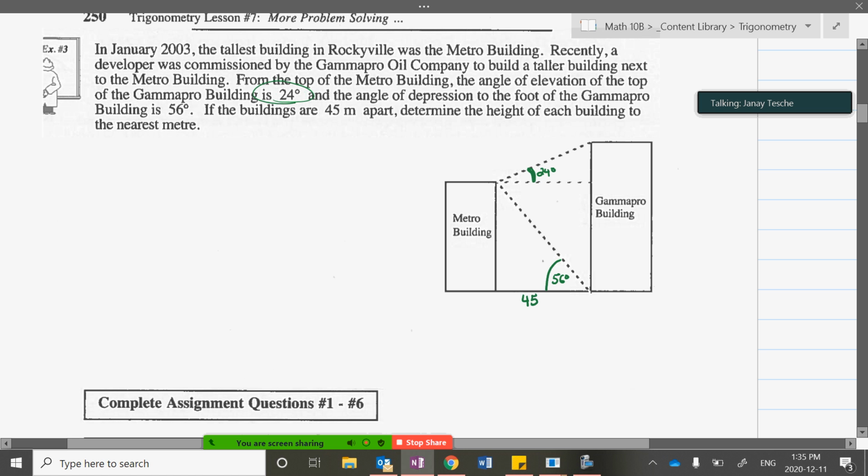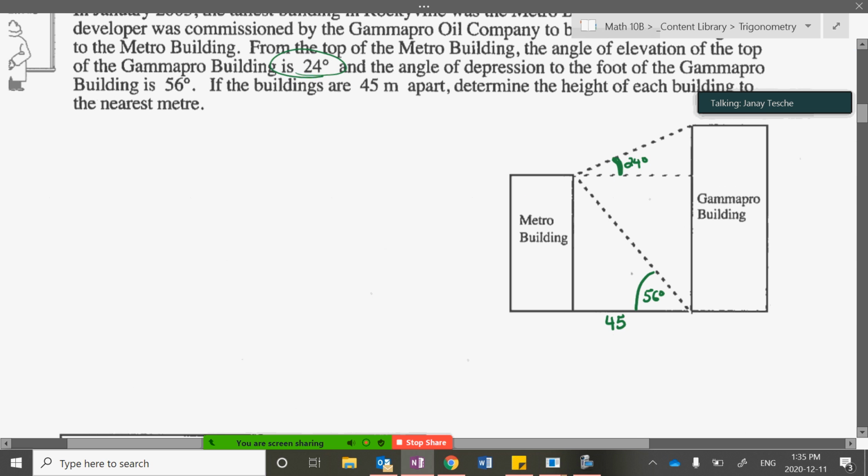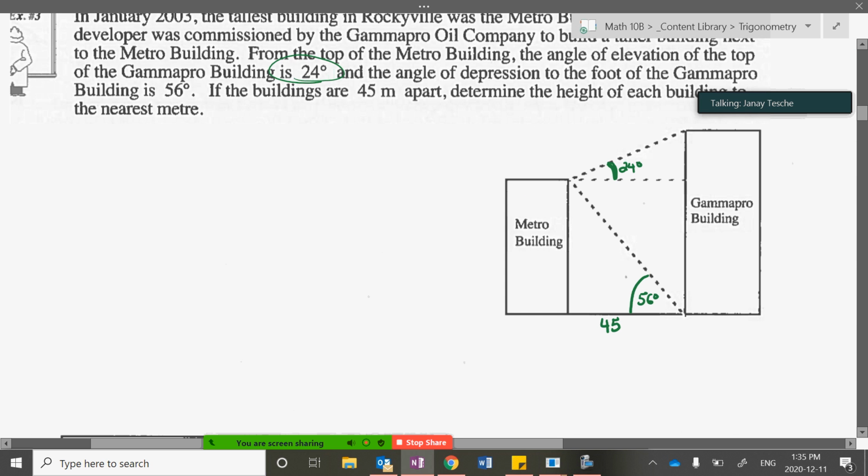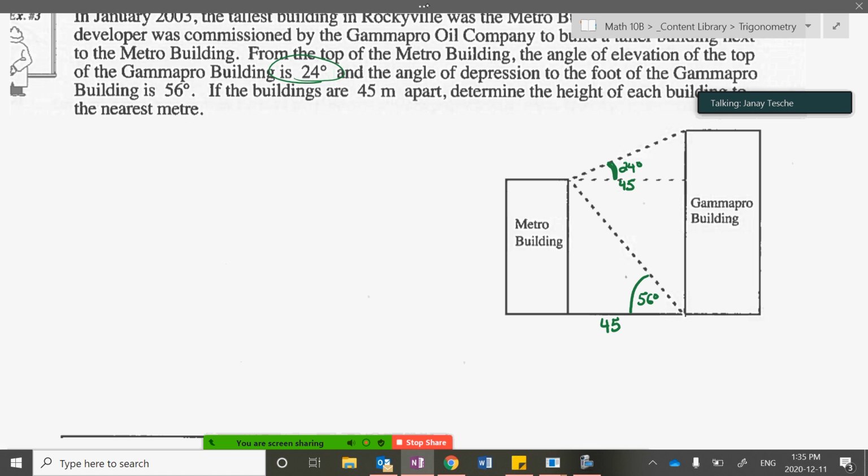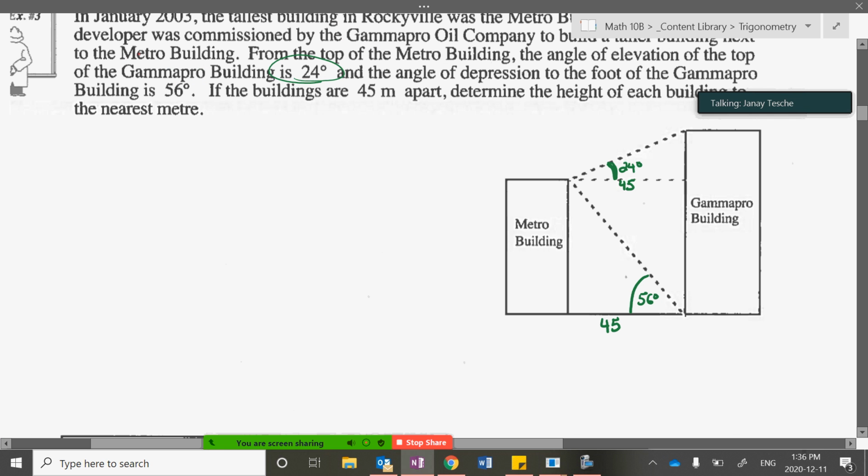So a lot of mathematics to make questions easier is the visual part. So if my buildings are 45 meters apart at the foot, they're also 45 meters up here. The other piece of information that's given without being explicitly said here, our angle of depression is always equal to our angle of elevation. So that means that this angle here is also 56 degrees.